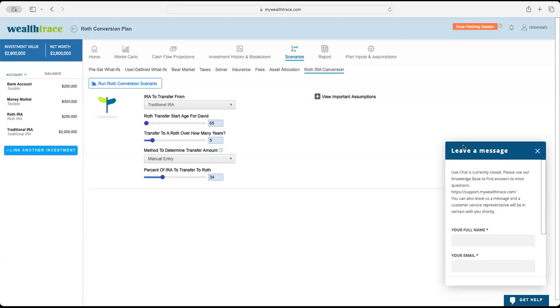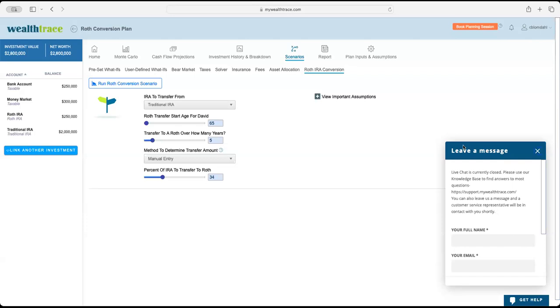Speaking of the expert sessions with me, a question just came through that would be perfect for that kind of session. The question is, what's your thought of paying Roth conversion taxes from the income generated from the already converted Roth? Interesting. You can do it in the plan.